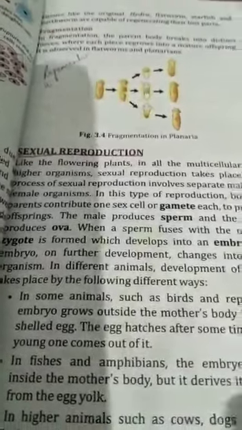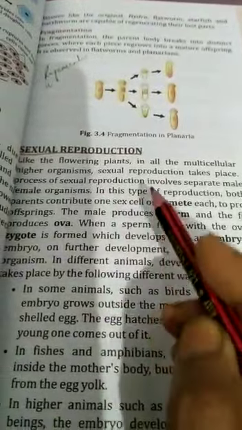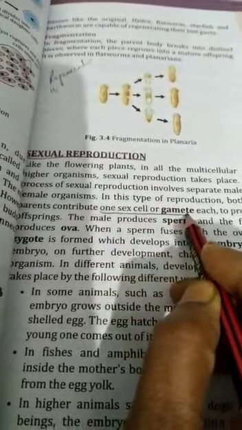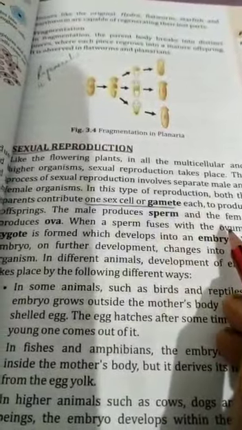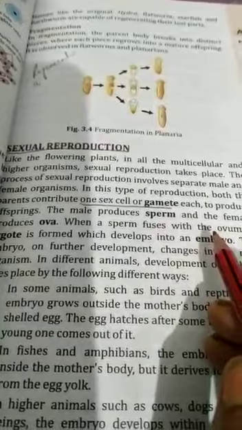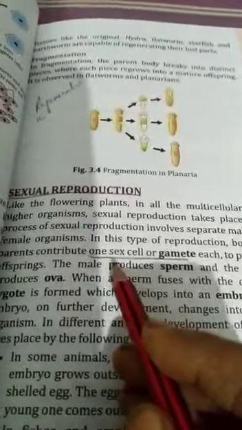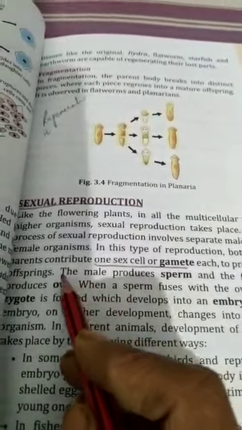But in sexual reproduction, two gametes or two sex cells are required, one from male and one from female. It is mandatory that in sexual reproduction both the gametes, from both male and female, are required.